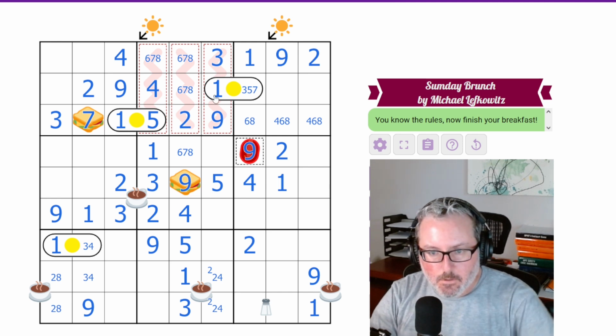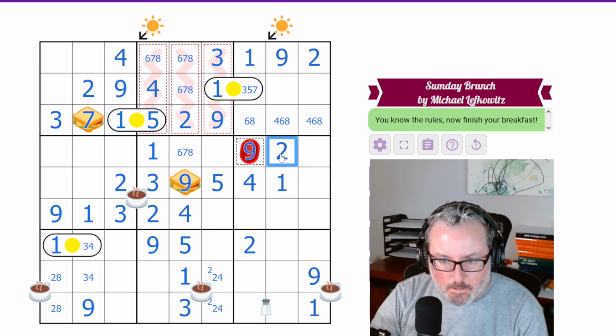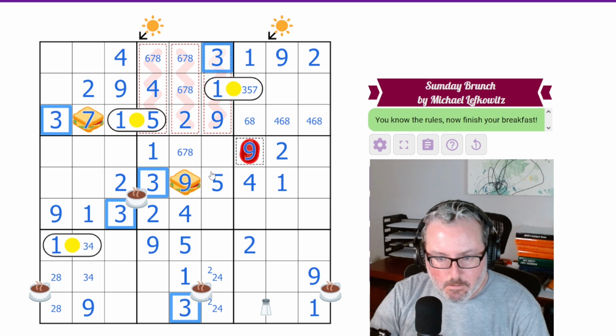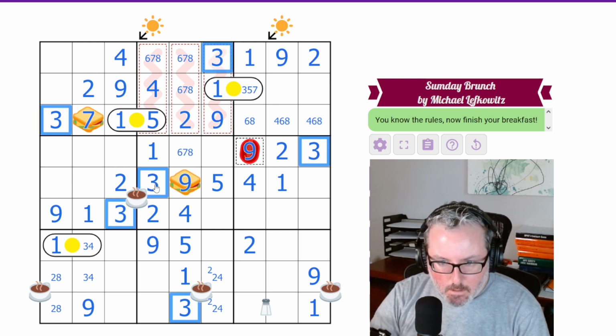Let's look, see if there's any more Sudoku that I'm not seeing right off the bat, just to clear anything up. The 2s still have our X-wings at the bottom. 3s, okay, so there is Sudoku. These 3s see this one, this has to be a 3. One of those is a 3. One of these is a 3.